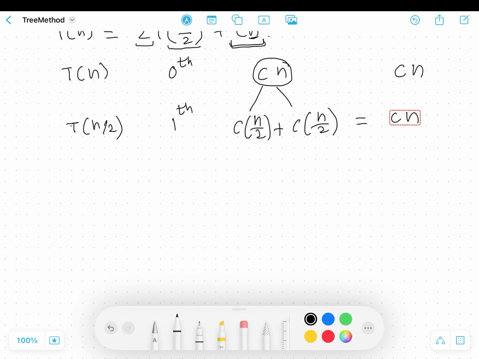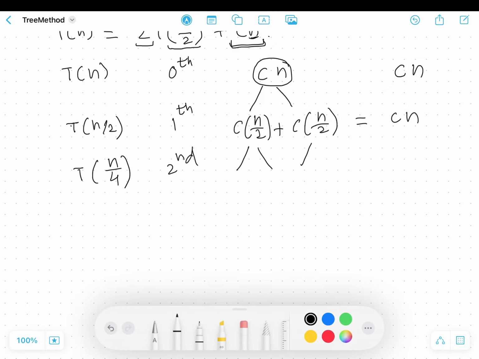Going further and doing the same thing, we are again going to divide it by 2, which makes it n upon 4. And this is our second level.